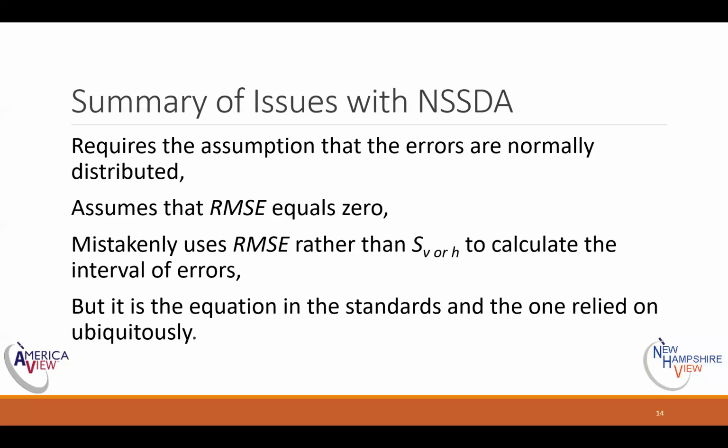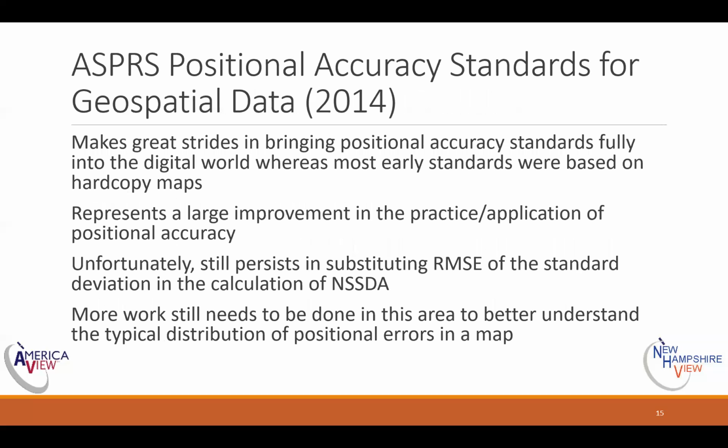And that's why it's still important to understand this, even though there's some issues with this. Hopefully we're moving away from this. I'm hoping FGDC and others adopt other methodologies, but right now the standard of FGDC is NSSDA, okay? So you need to understand that.